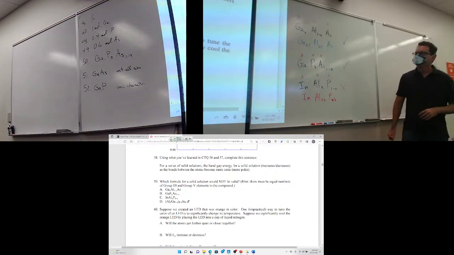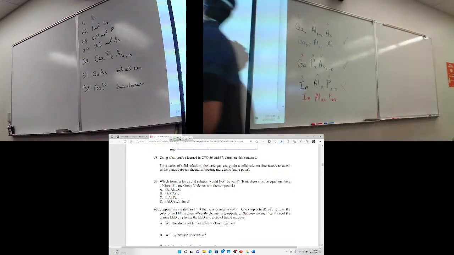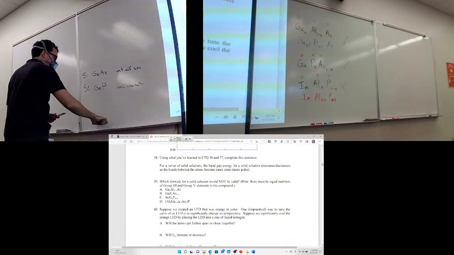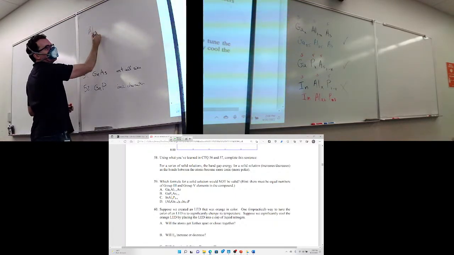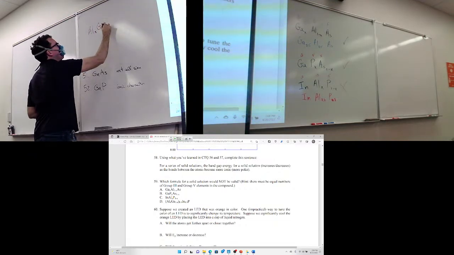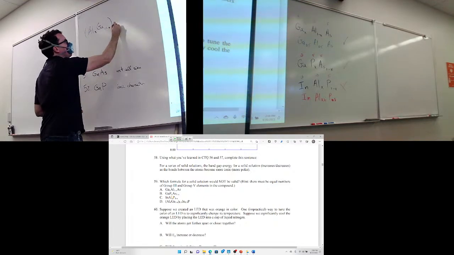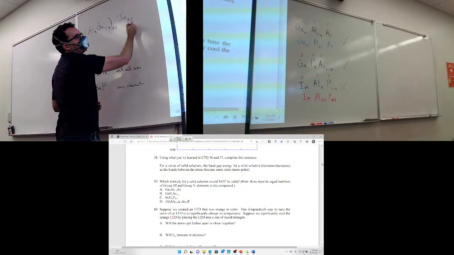Okay? D is a really gnarly one, but that's not too difficult to do. Just break it apart into pieces like I've been doing. Aluminum X, gallium 1 minus X, in parentheses 0.5, and indium 0.5, with phosphorus.